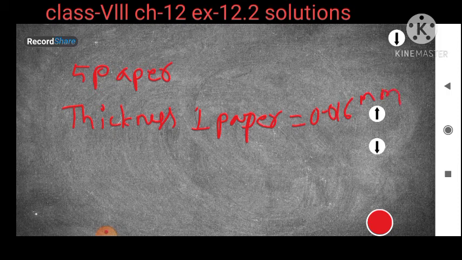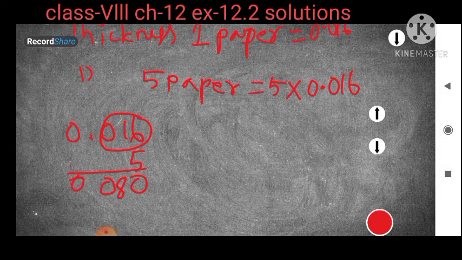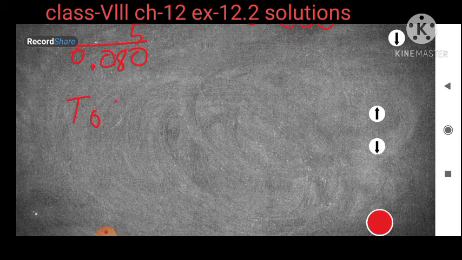Now the thickness of 5 papers will be equal to 5 multiplied by 0.016. Multiplying 0.016 by 5: 5 sixes are 30, 3 carry, 5 ones are 5 plus 3 is 8, so 080. After how many digits will you put the decimal? After 3, isn't it? So the answer is 0.080.